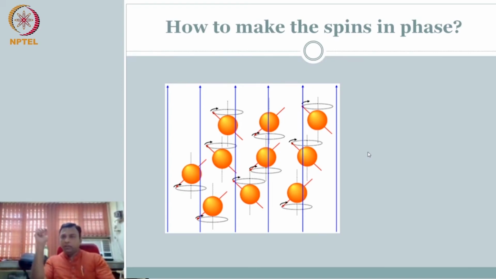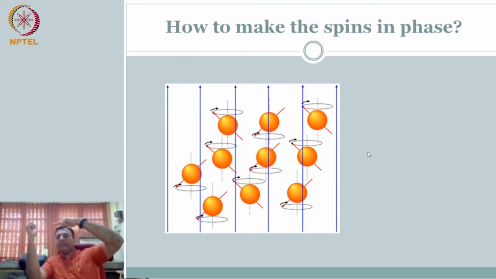If something is moving like this, how do I push this fellow to the ground? If I just apply a force like this, I will only hit one time. This will go here, then next time he comes, he'll go here, then he'll come.